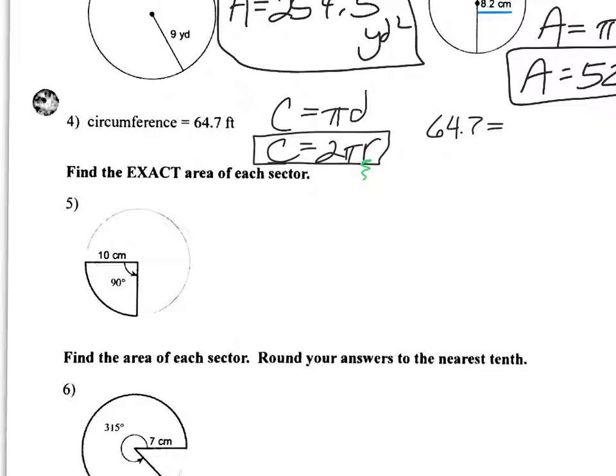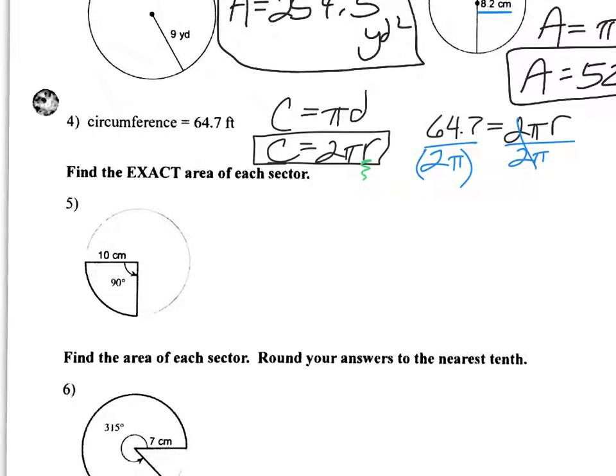That equals 2 times pi times r. So to get rid of the 2 pi, I divide. So I'm going to type that in on the calculator, 64.7 divided by, okay, and you'll want to put this in parentheses here, okay? Make sure you put that in parentheses on the calculator. 2 pi.